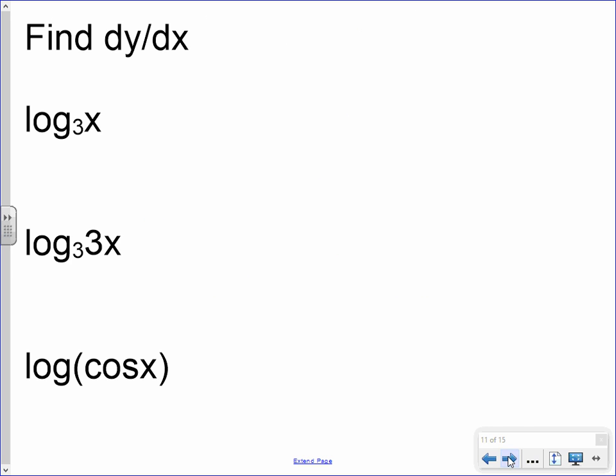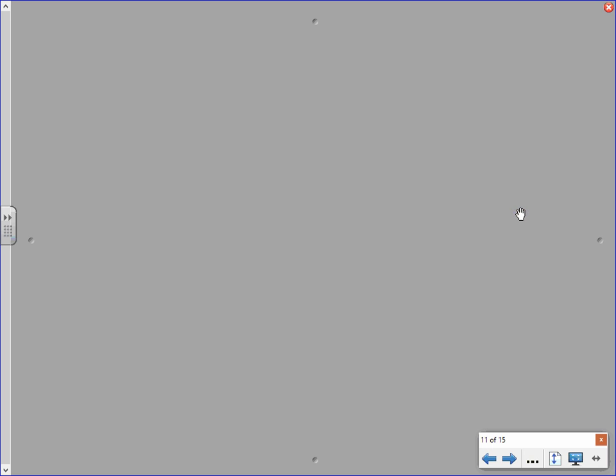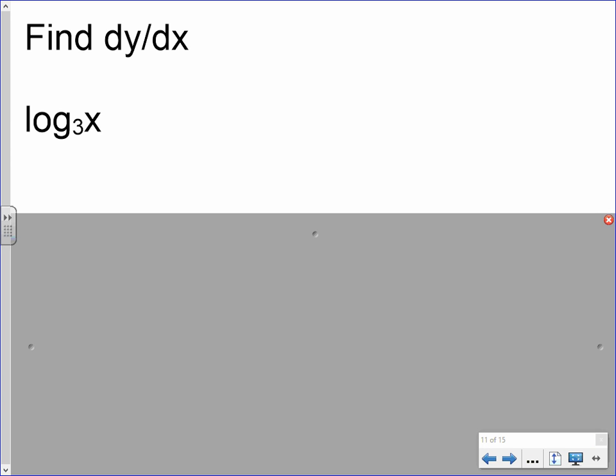We'll start easy peasy. Log base 3 of x.